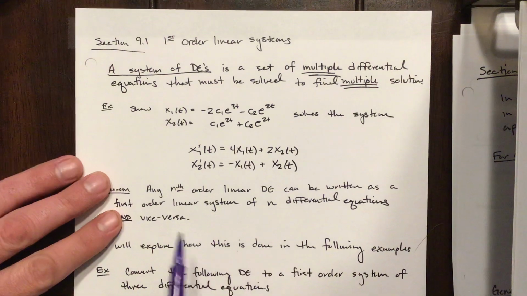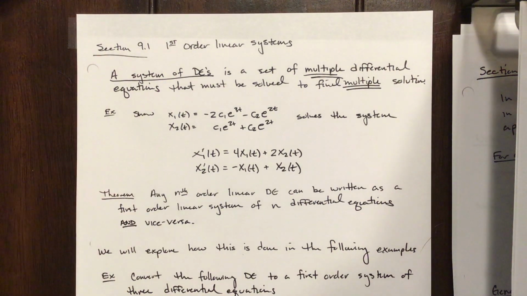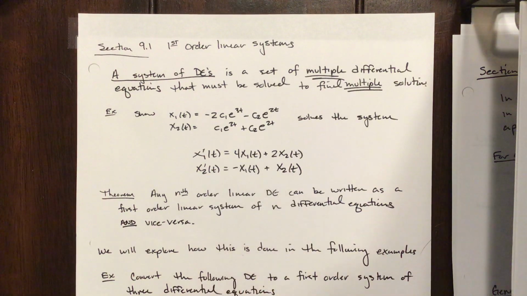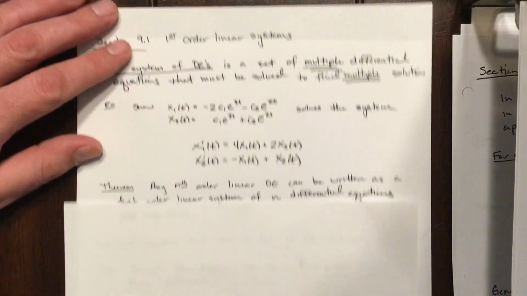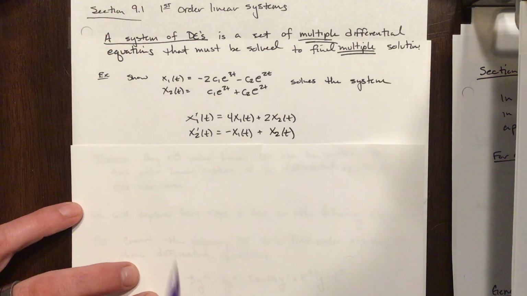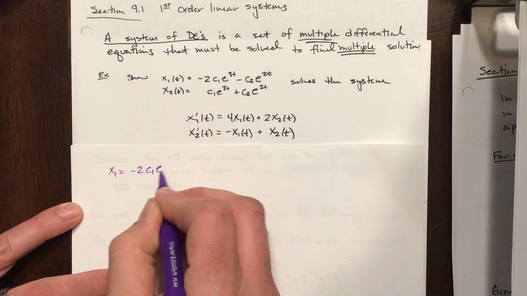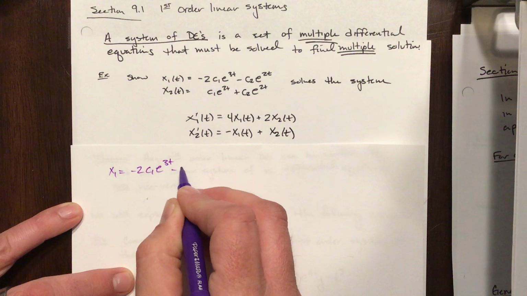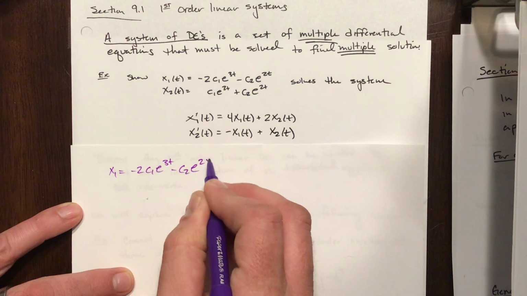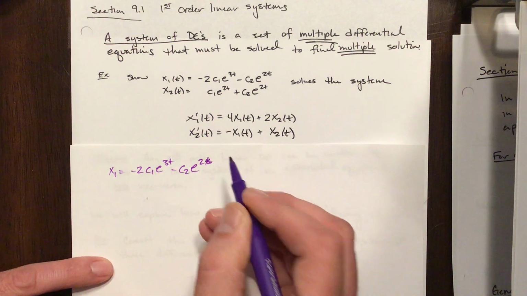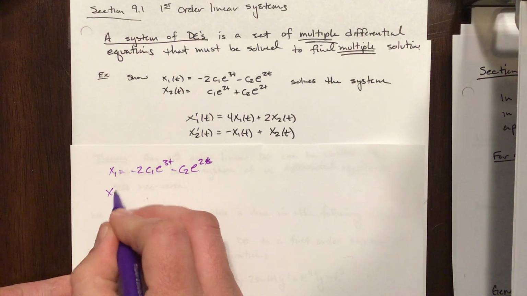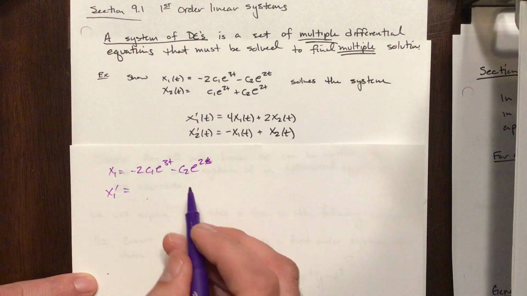Now, for this example, we're going to show that function 1 and function 2, as defined here, solve that system. Okay, so you take a look. If x1 is equal to minus 2c1 e to the 3t minus c2 e to the 2t, then what's x1 prime?